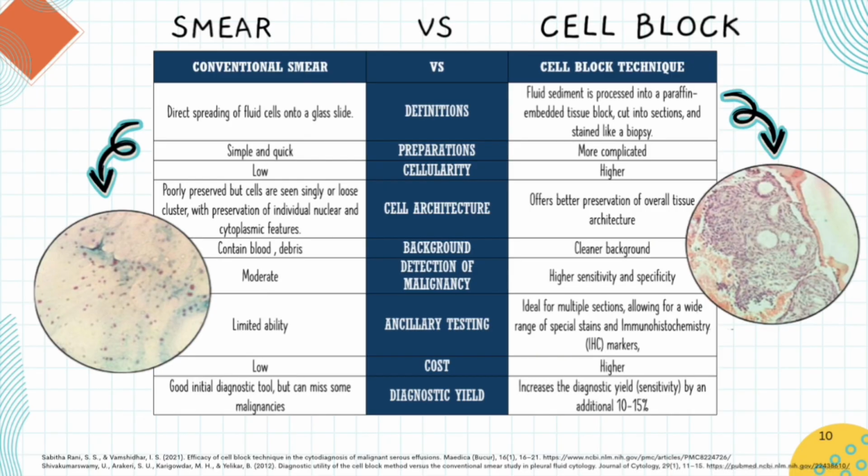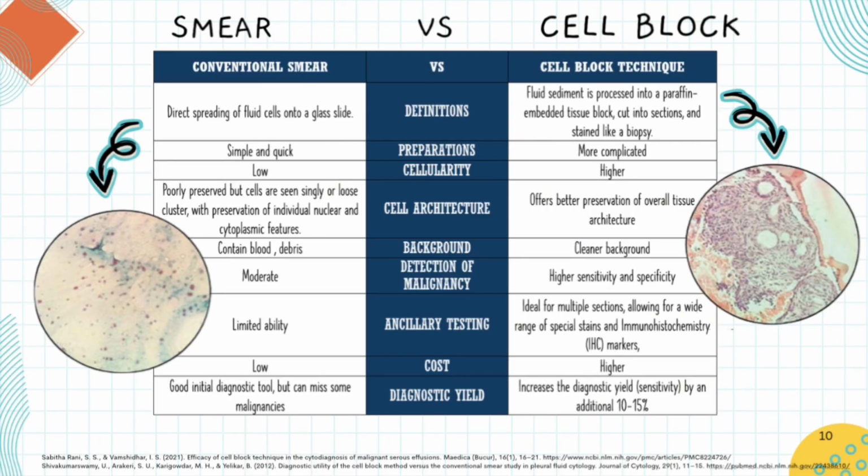In contrast, the cell block technique processes fluid sediment into a paraffin-embedded tissue block that is sectioned and stained similarly to a histological biopsy. This technique better preserves tissue architecture, allowing visualization of gland formation, papillary structures, and solidness, which helps confirm malignancies, especially when malignant cells resemble reactive mesothelial cells in smears.